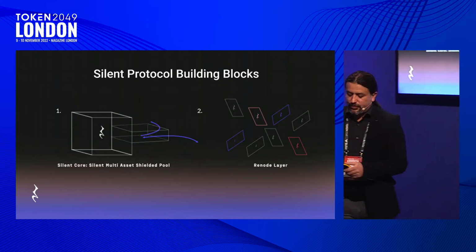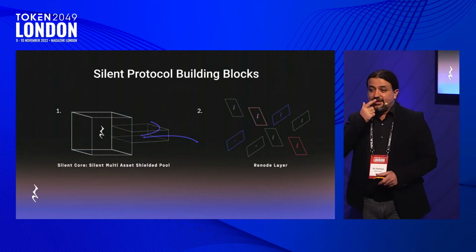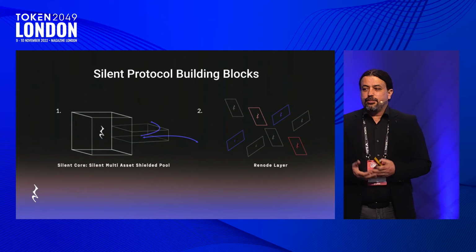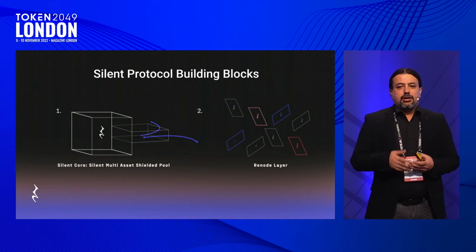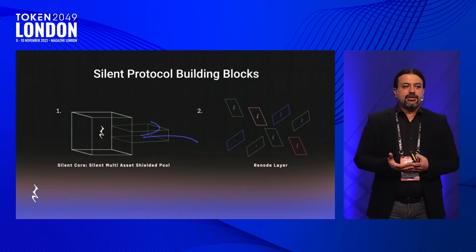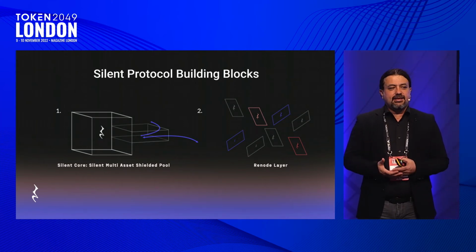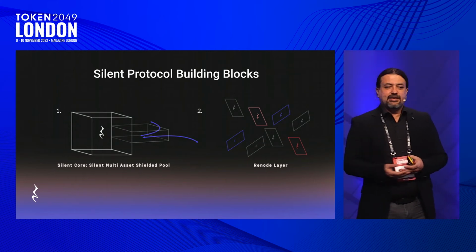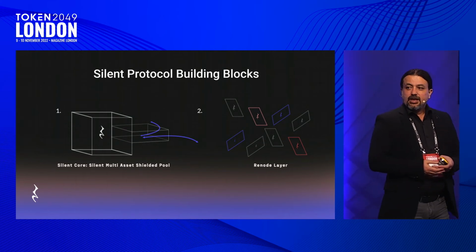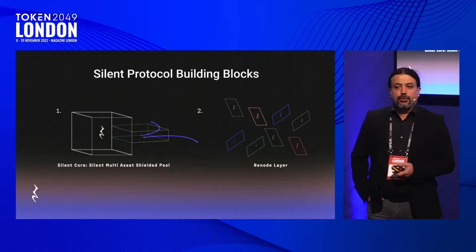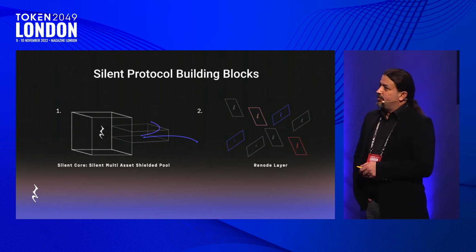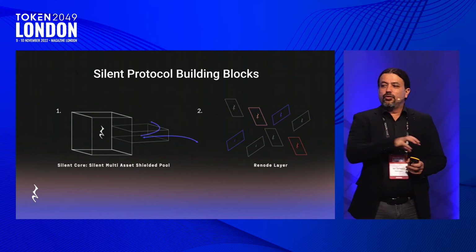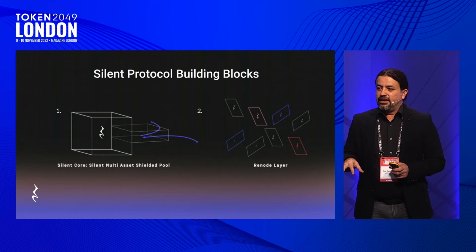So, as I said before, here we have the multi-asset shielded pool. This shielded pool supports Ethereum, ERC-20s, ERC-721 and ERC-1155 type of tokens within the pool, so that, as I said before, users can move their assets into this pool as a commitment.